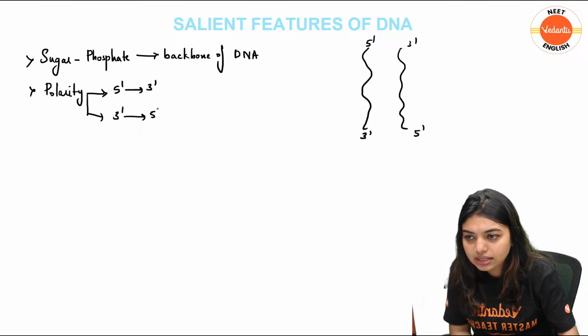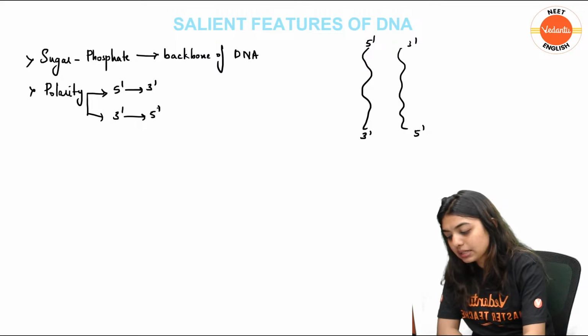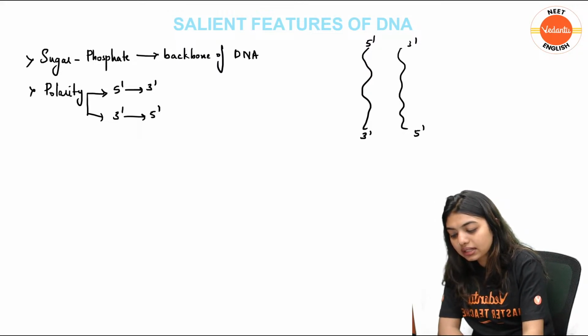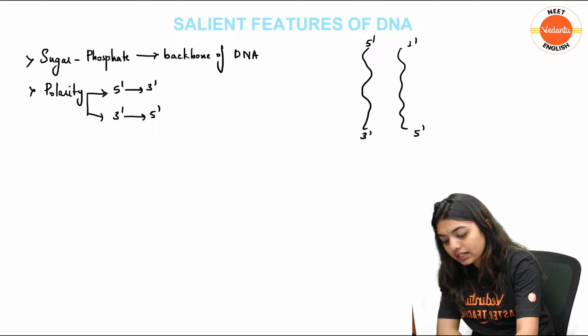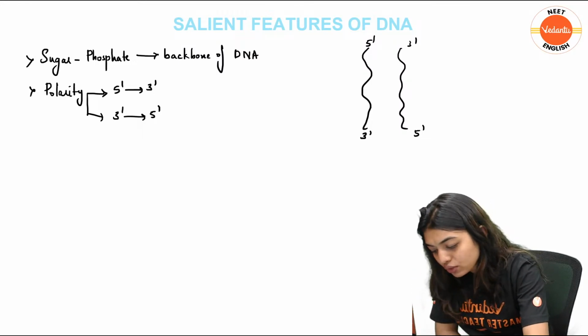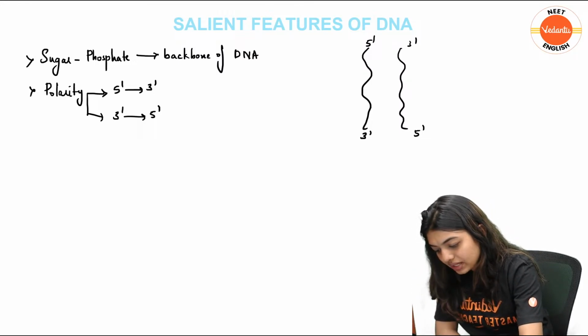They are anti-parallel. They won't be parallel. If they were parallel, story finished; they would fuse with each other. Clear?